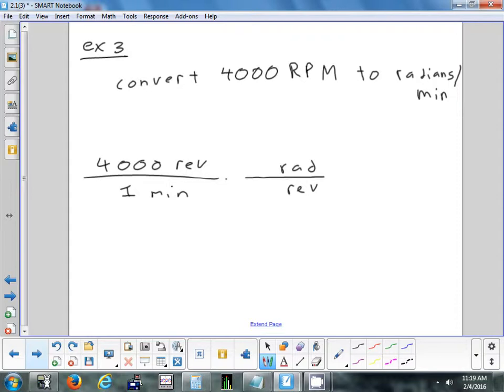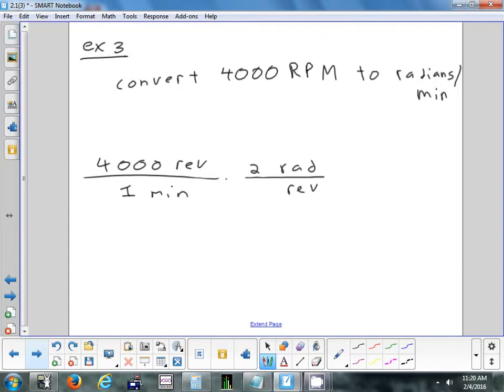Now we need to know the connection between how many radians are in a revolution. Does anyone remember that? I know it's 360 degrees, but we don't need that here. How many radians in one revolution? 2 pi.